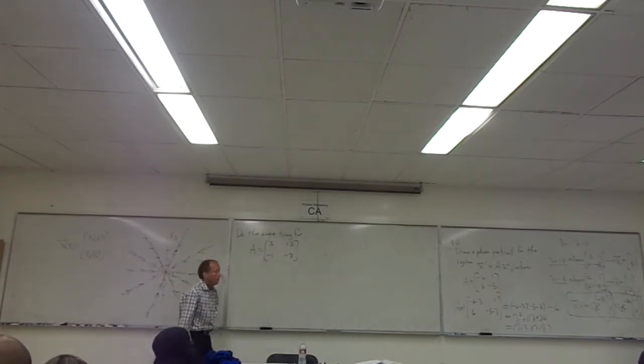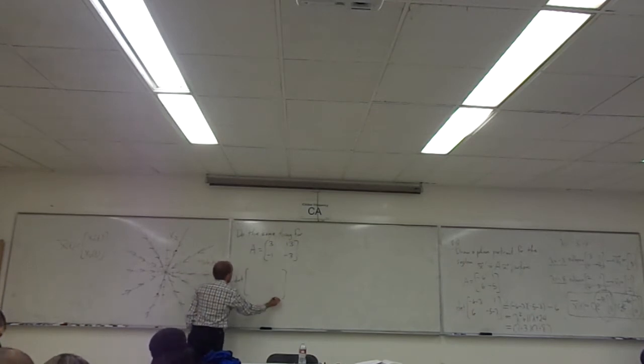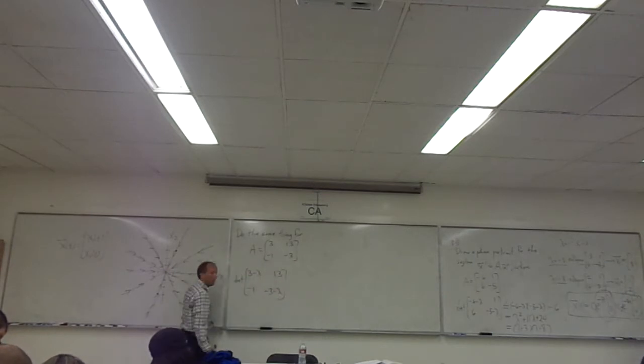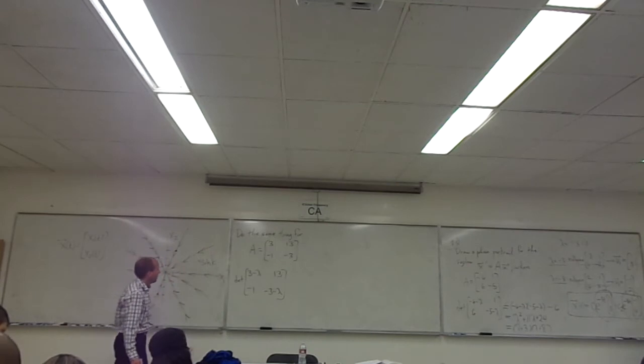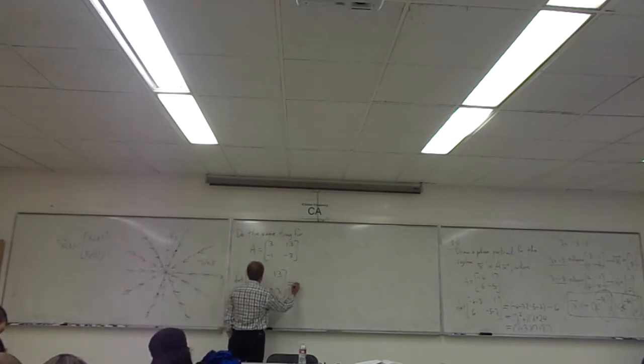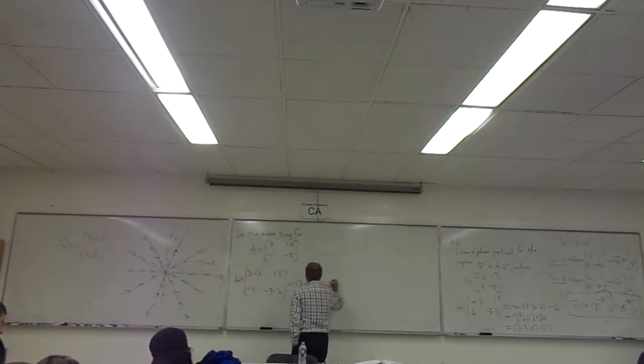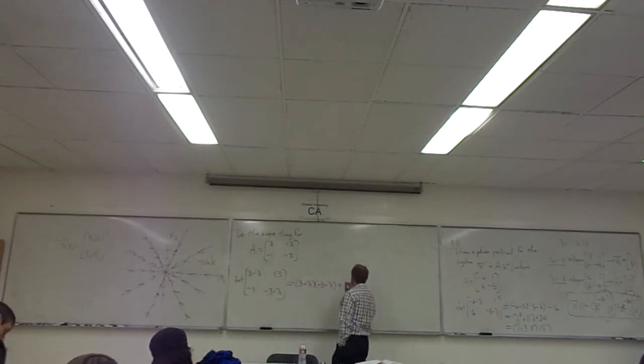Okay? So let's do our usual thing. Let's take the determinant of what we get when we subtract lambda from the main diagonal. And so this is going to be 3 minus lambda times negative 3 minus lambda plus 13.